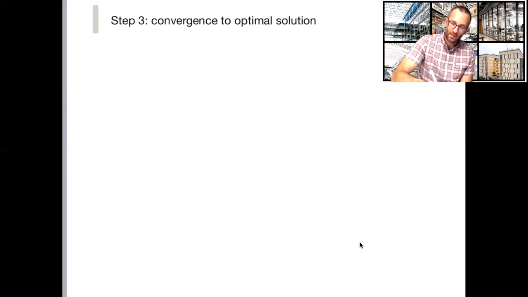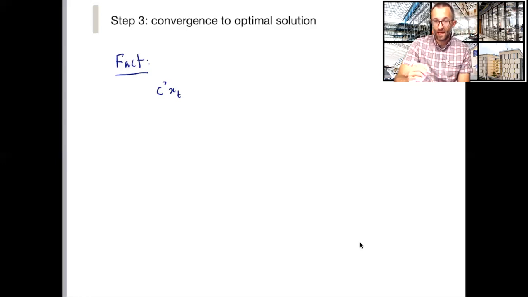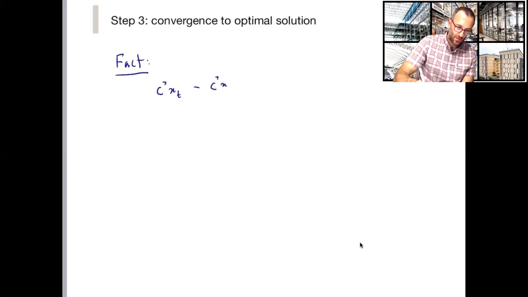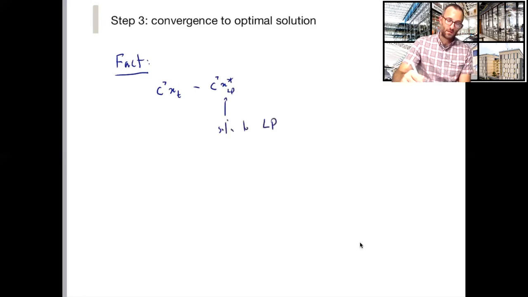I'll just state this as a fact for now: C transpose XT, remember XT is the solution to FT, compared to C transpose X star, the solution to the LP, is bounded above by basically ν over t.